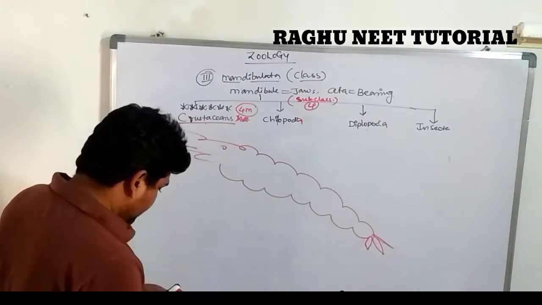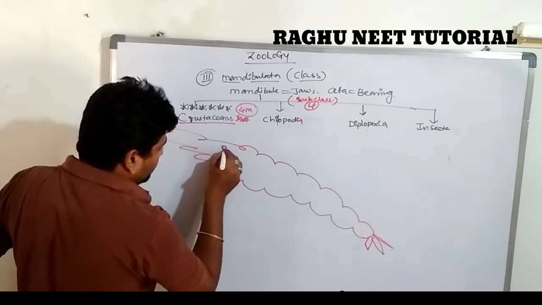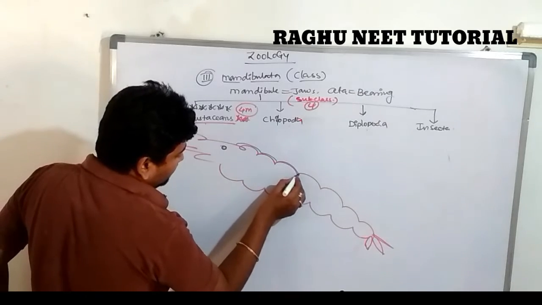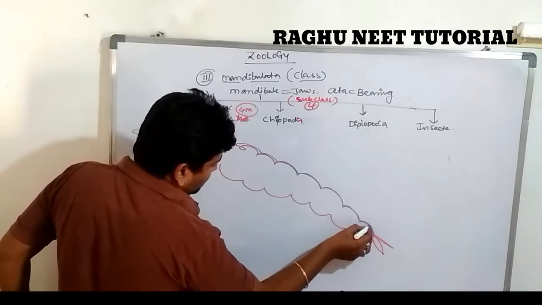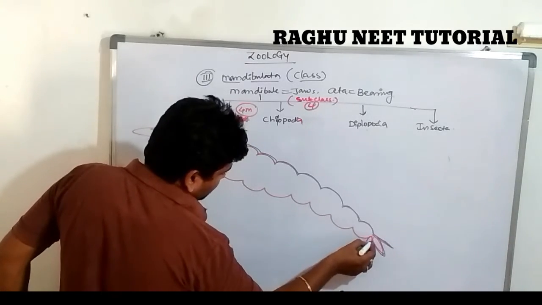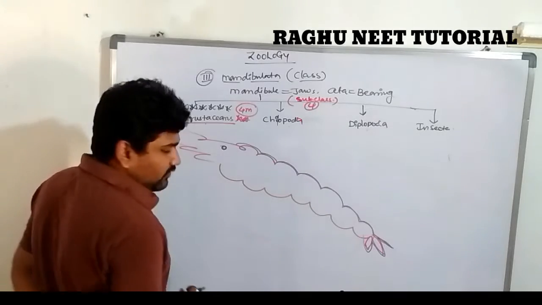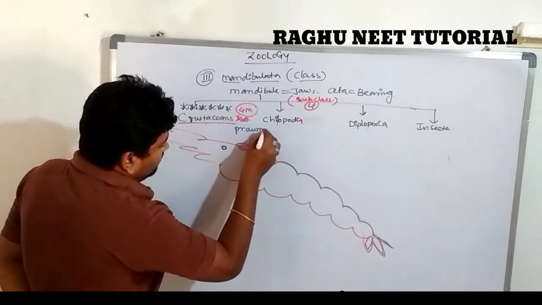Do you remember? Do you recognize this diagram? It is known as a prawn, Palaemon. The body is completely aquatic. Example, prawn.